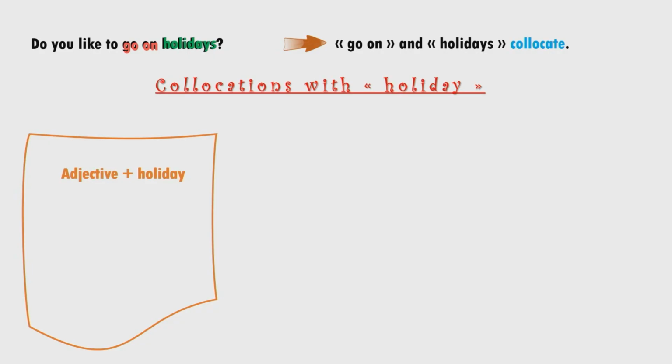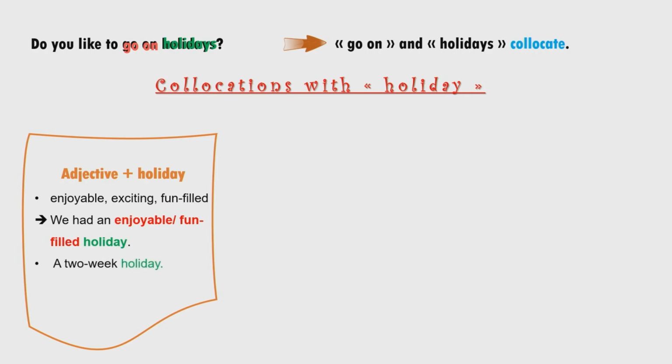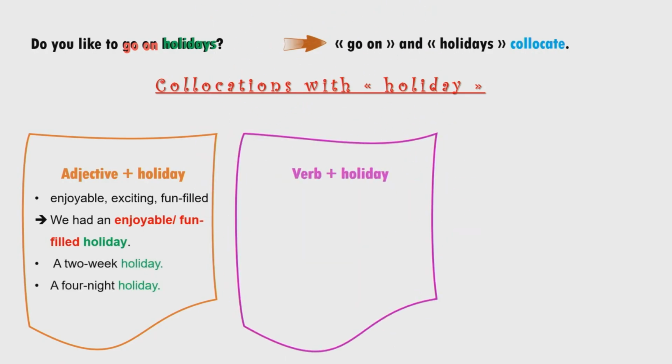Certain adjectives collocate with the word holiday. So we say enjoyable or exciting holiday, fun-filled holiday. Example, we had an enjoyable or fun-filled holiday. Some verbs collocate with holiday.